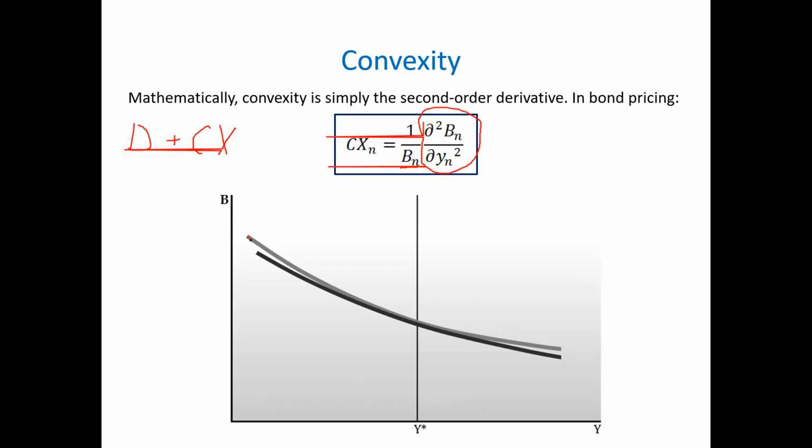So once again, this is the curved line which describes the non-linear relationship between the bond price and the bond yields. And we are going to do something similar to what we did before. We are going to approximate this curved line with another curved line, which is easier in a sense that we can manipulate it with ease, unlike this original curved line.